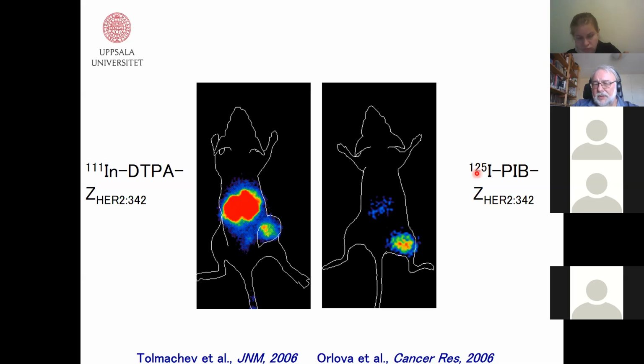When we used a non-residualizing label, it was taken up to the same extent by the kidney, but 4 or 6 hours after injection it was gone nearly completely. So you can play with the label, and we did this because we measured the internalization rate in vitro, and we knew that the internalization rate of these molecules by cancer cells was slow.